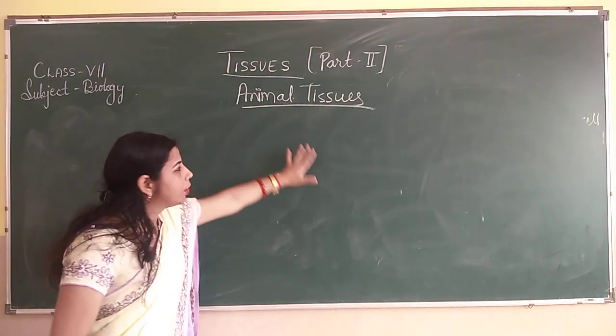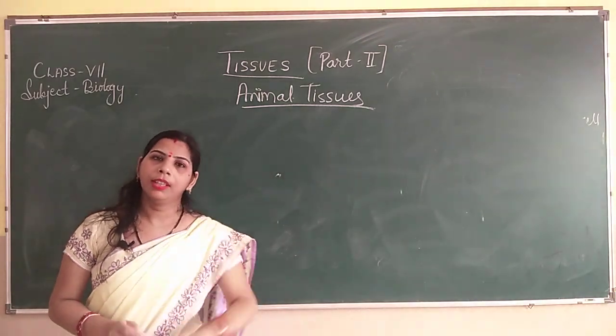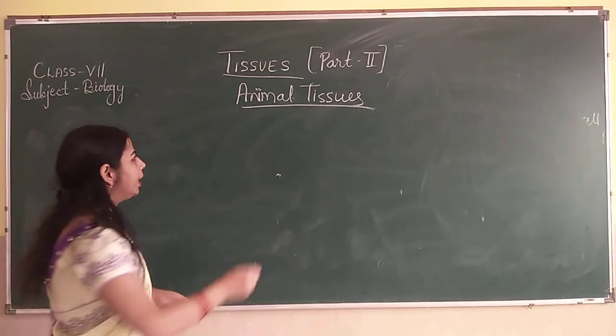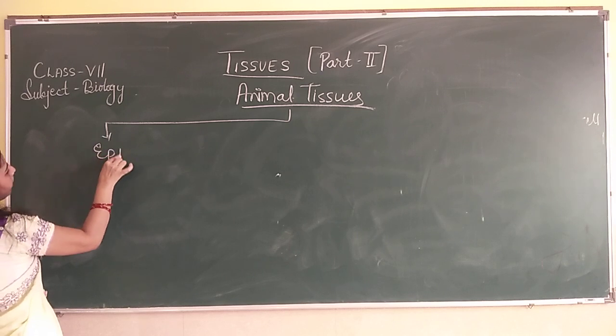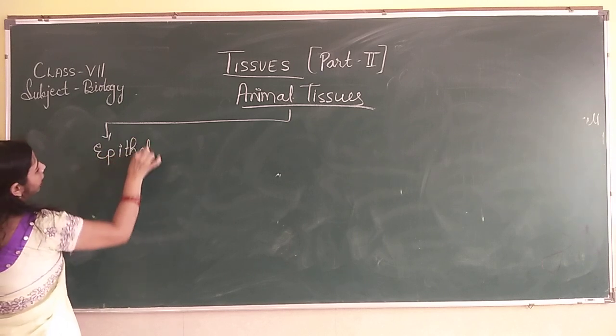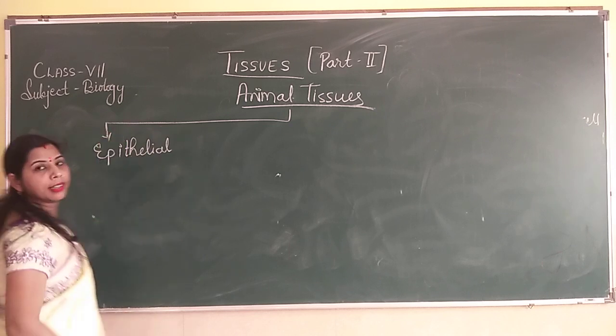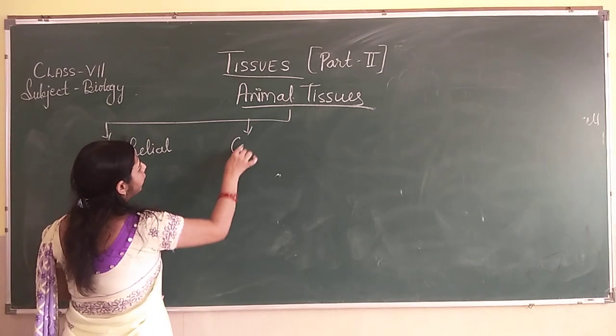I am only going to draw the flow chart here, but I will describe it later on. First is the epithelial tissue. Second is the connective tissue.